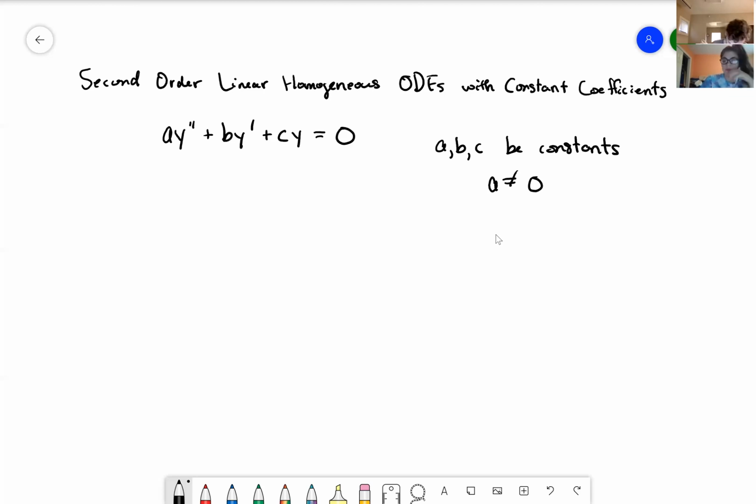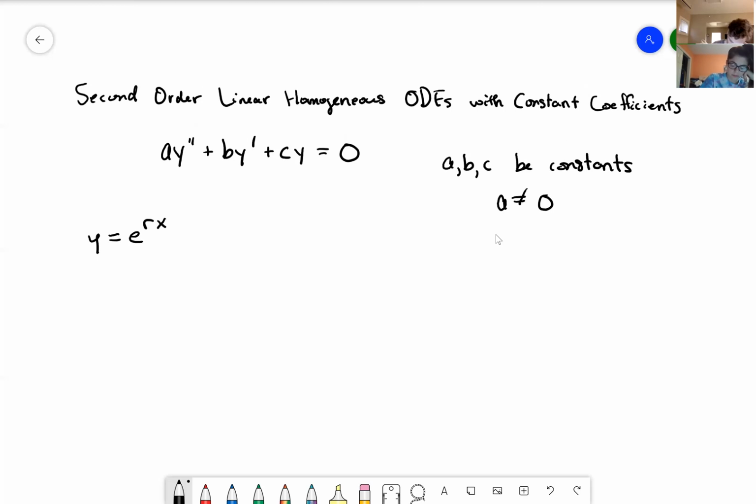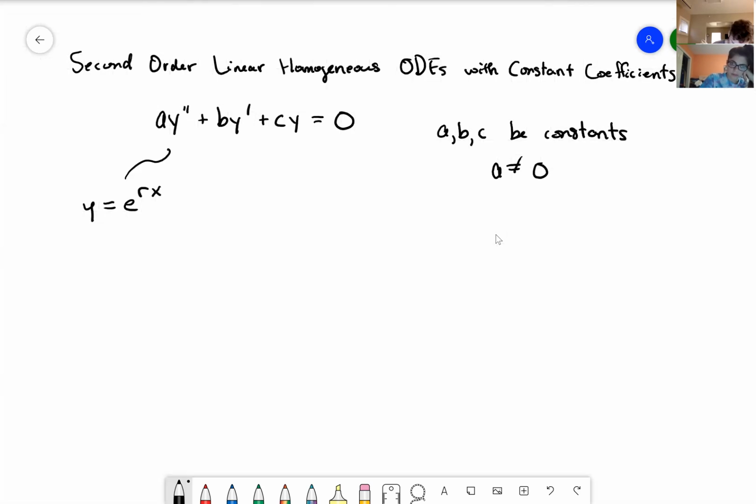And just like we saw last time, we'll look for solutions in the form y is equal to e to the rx. And so if we plug that in here, what we get is ar squared e to the rx plus br e to the rx plus c e to the rx is equal to 0.